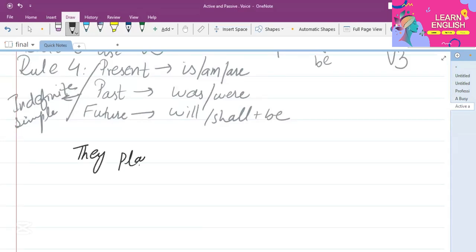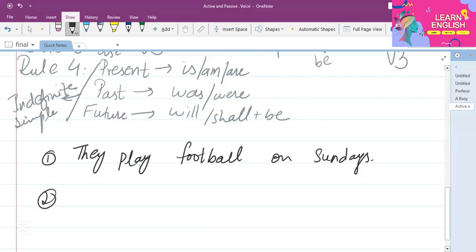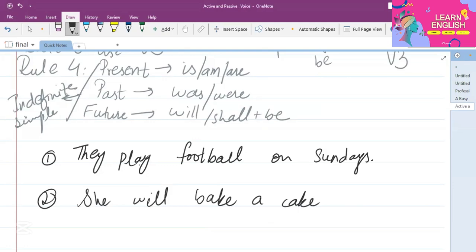Sentence number one: They play football on Sundays. Sentence number two: She will bake a cake for the party.